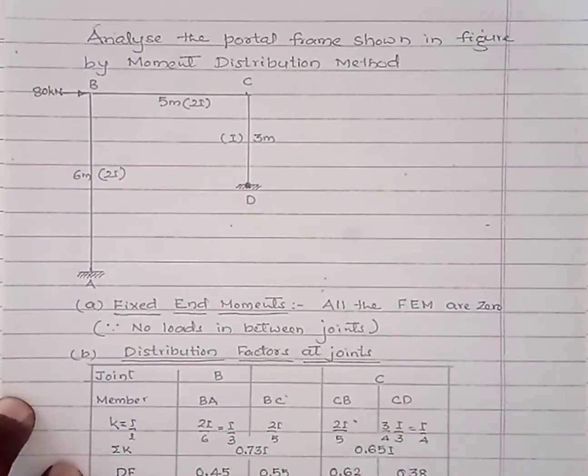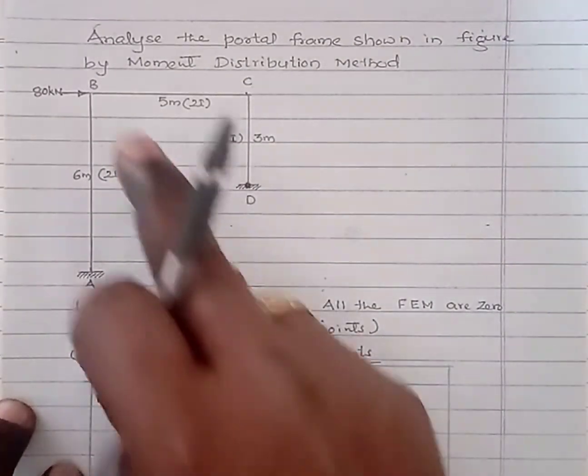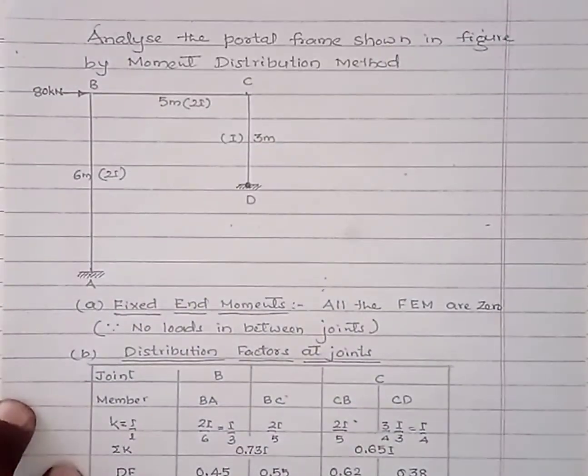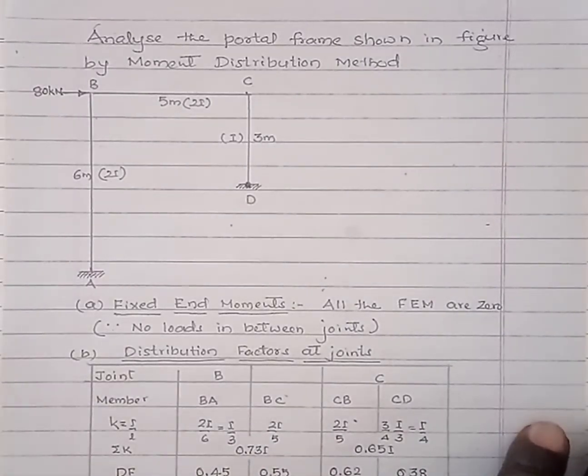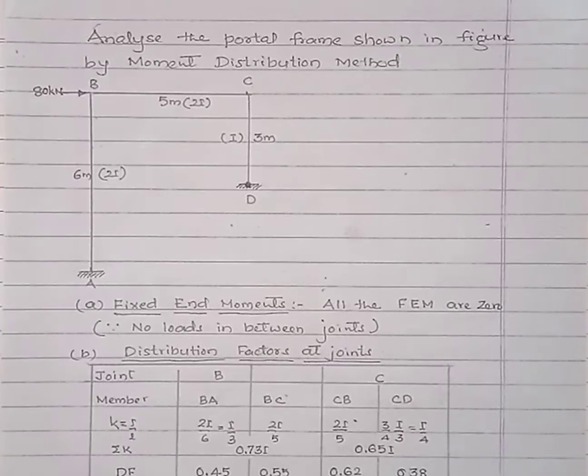Here it is not subjected to any loads, hence all the fixed end moments are 0. First you have to calculate the fixed end moments due to load. Then the first step is to conduct the non-sway analysis, and then you go for the sway analysis.